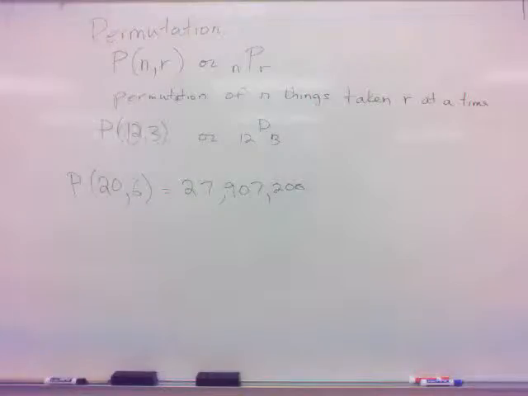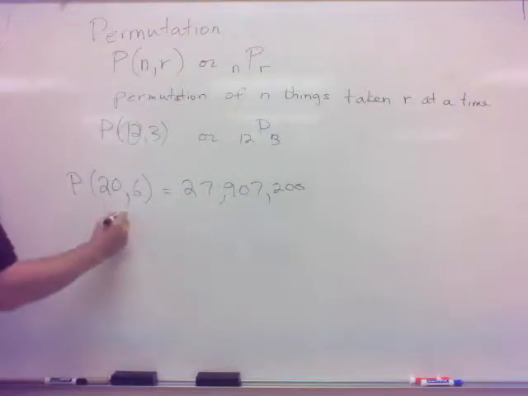All right, we get the 20, then the nPr button, and then the 6. You should get 27,907,200. Now, what I'd like for you to understand is also what that means in the product.